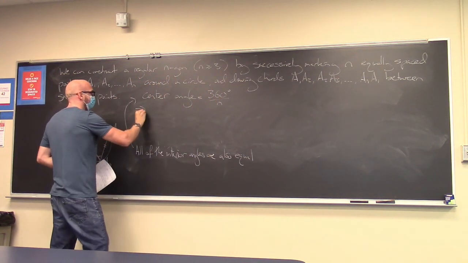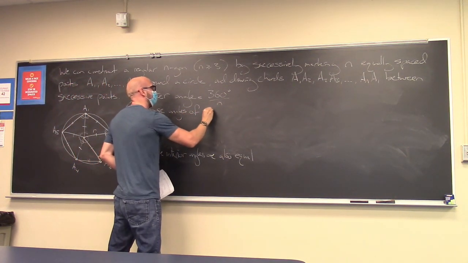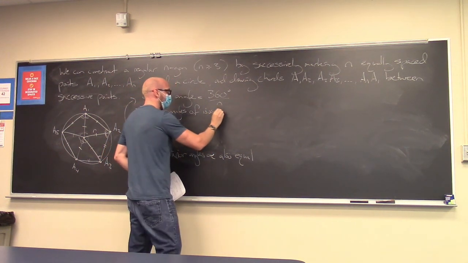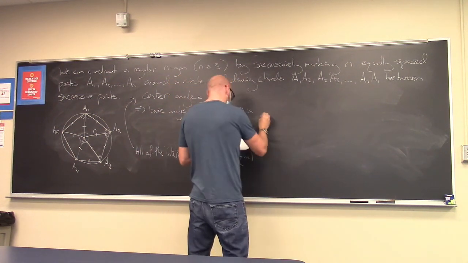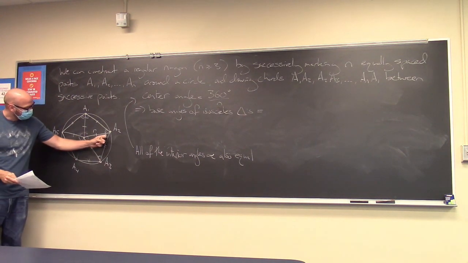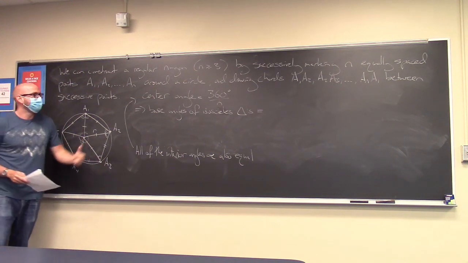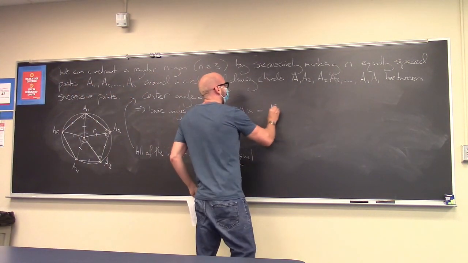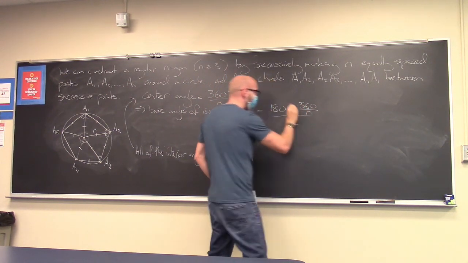And that means that the base angles of these isosceles triangles, what would they be? So together, they would add up to 180 minus this center angle, right? So individually, they should be 180 minus the center angle divided by 2. So this would be 180 minus that center angle all over 2.